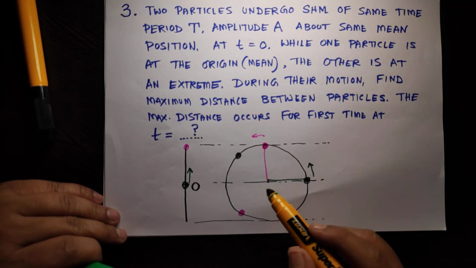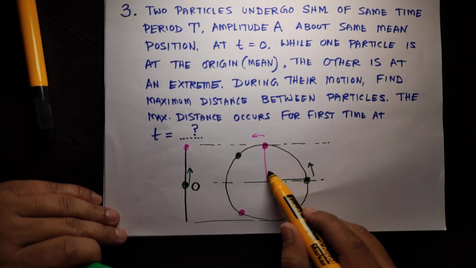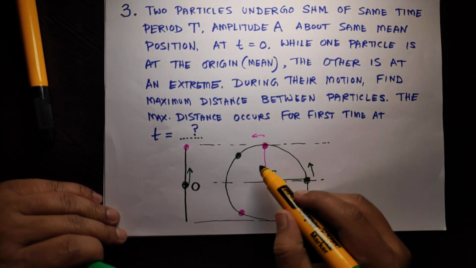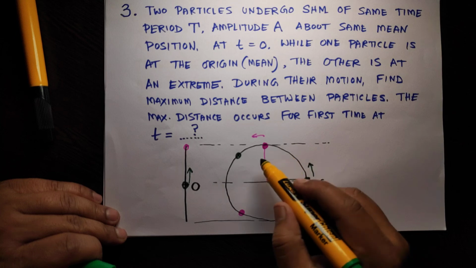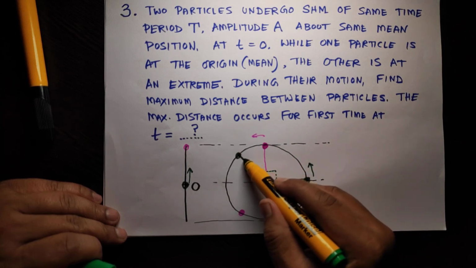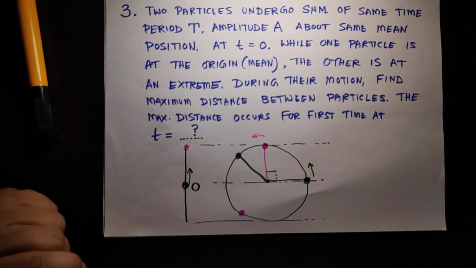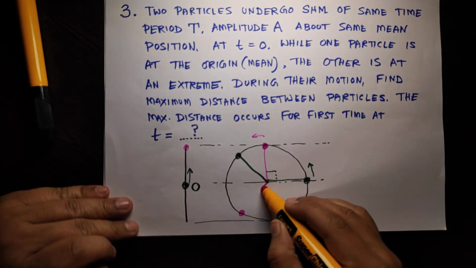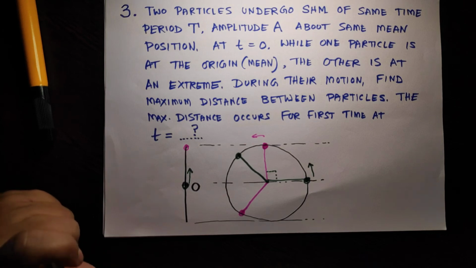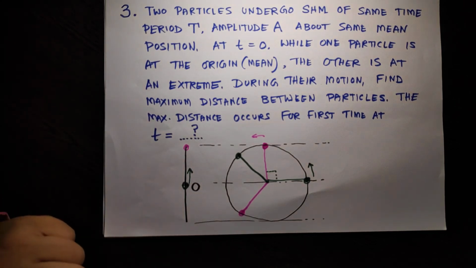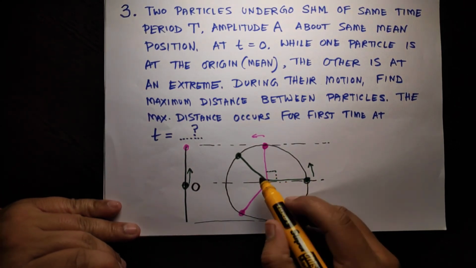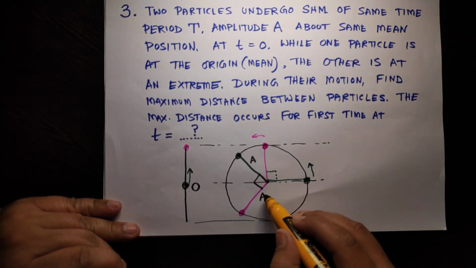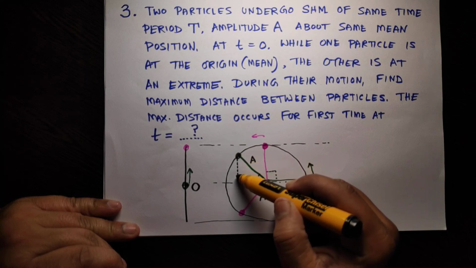By the way, the phase difference between these two particles is 90 degrees, and that will stay the same because the angular speeds are the same. Both have amplitude A, so this is the maximum distance between the particles.